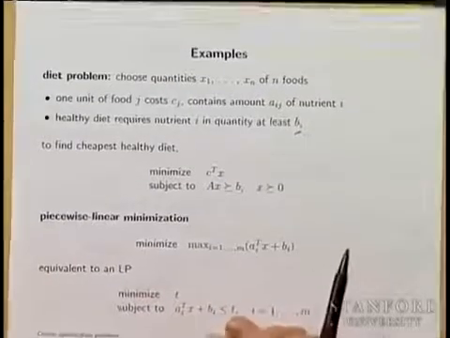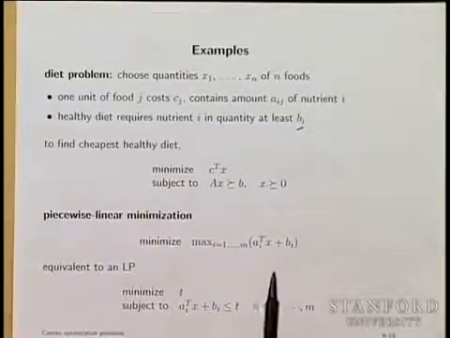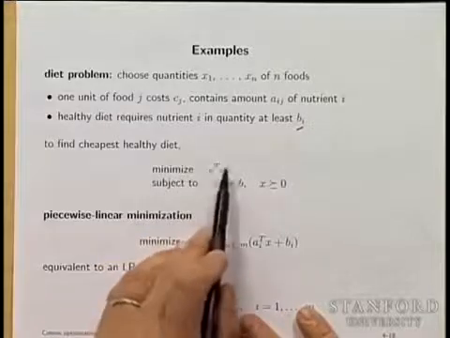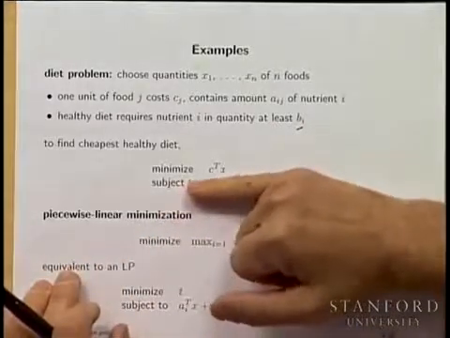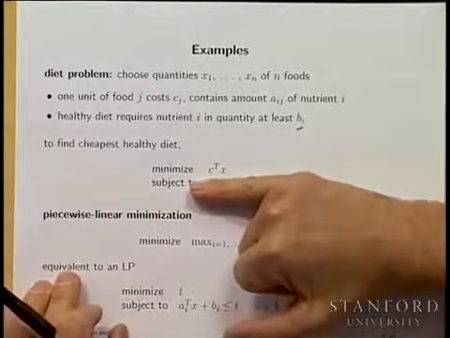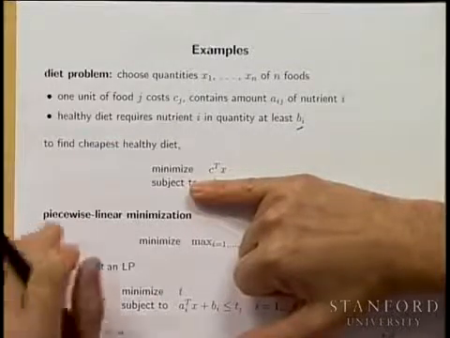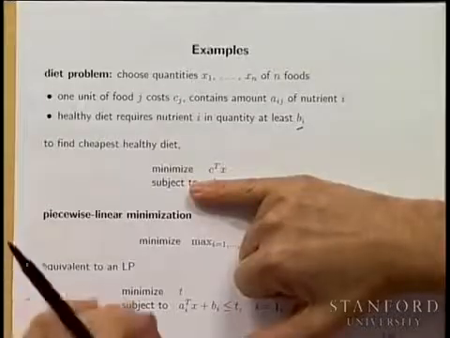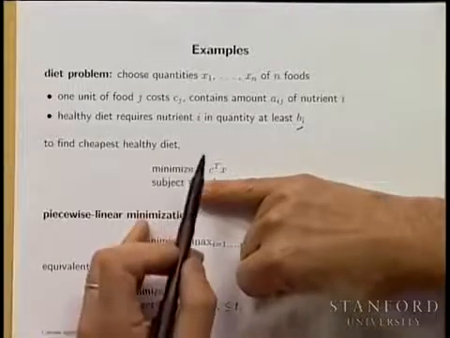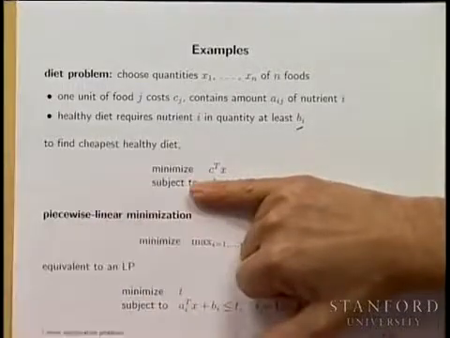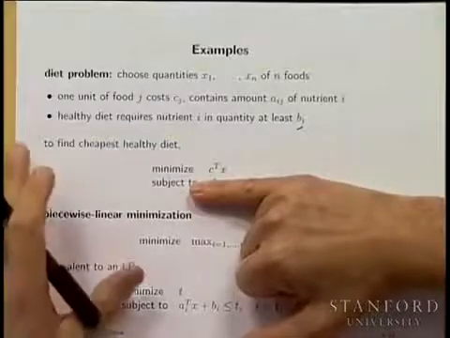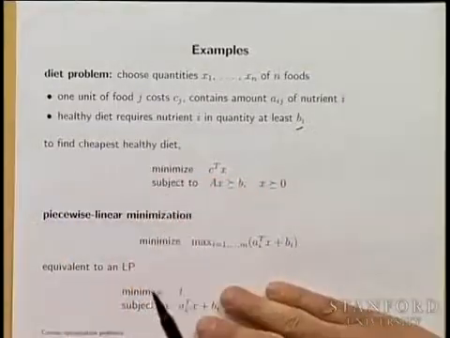So how do you find the cheapest healthy diet? Well, you minimize c transpose x. Now c transpose x here is literally the cost, because x_i is the quantity of each type of food you're going to put into this mixture, and when you take the inner product with c, that gives you the actual cost. Okay? So that's minimizing the cost.